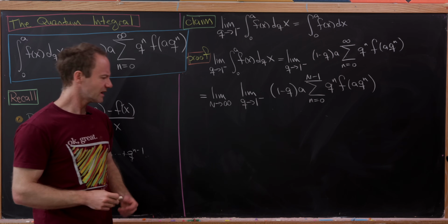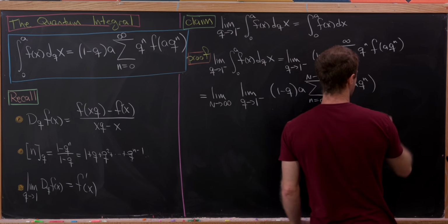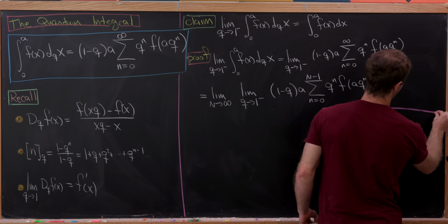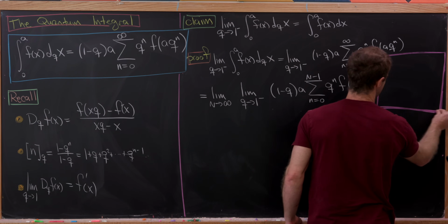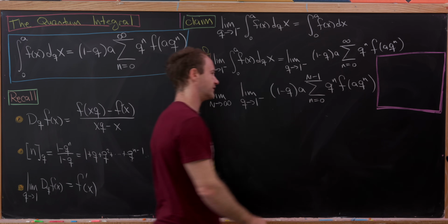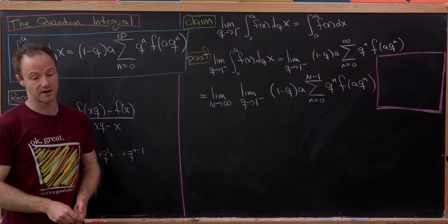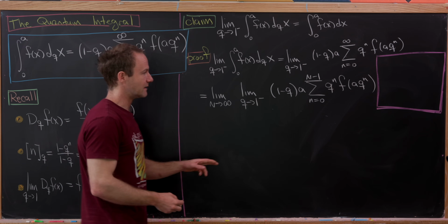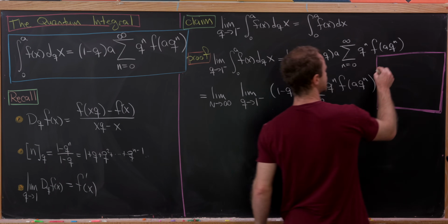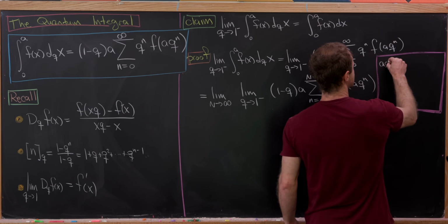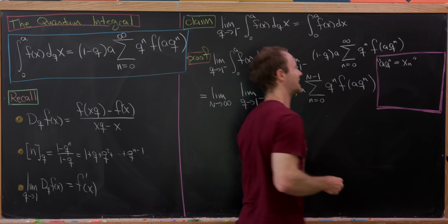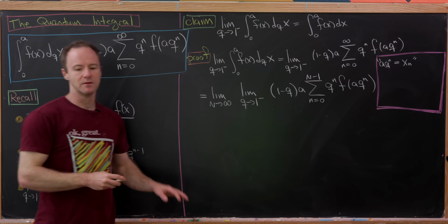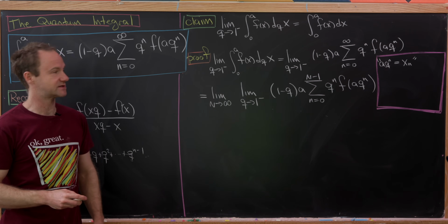But now I'm going to look over here and think about what role these terms are playing inside of the quantum integral versus inside of the limit of a Riemann sum. And in my mind, this a times q^n is really playing the role of x sub n. Maybe not exactly x sub n, but something similar to x sub n.